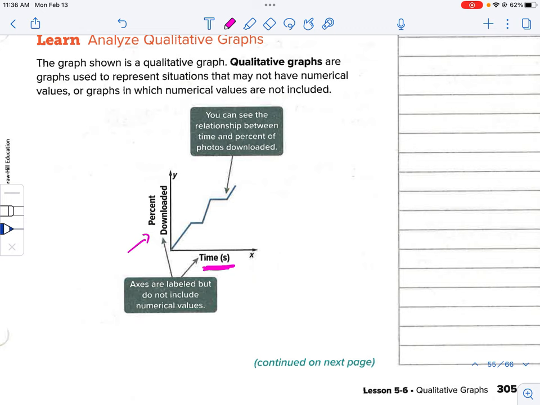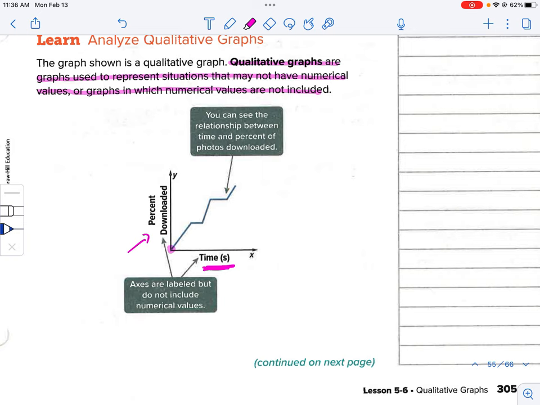Now, qualitative graphs are graphs used to represent situations that may not have numerical values, or graphs with numerical values included. Okay, so this one doesn't have any numbers. But if I look at this, I can see that at 0 time, we started with 0 amount downloaded.